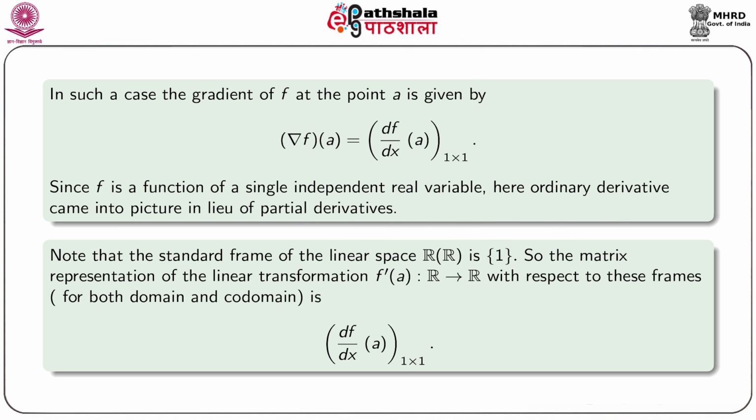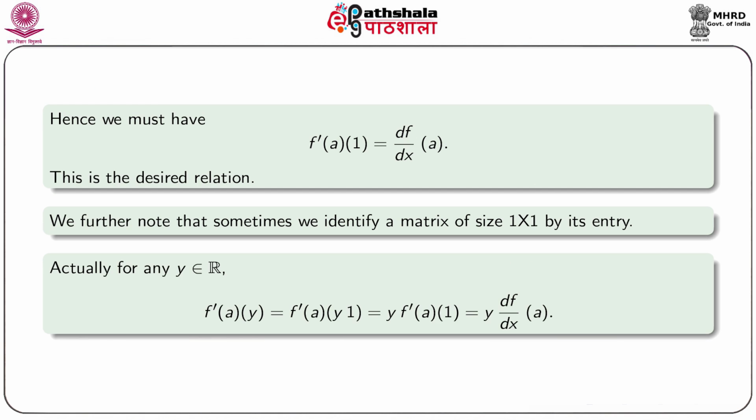So, the matrix representation of the linear transformation f'(a) from R to R with respect to these frames, we are using the word "these" because we are considering domain R as well as codomain R, will be df/dx at a and obviously it is a 1 by 1 matrix. Hence, we must have f'(a) operated on 1 equal to df/dx at a. So, this is the desired relation.